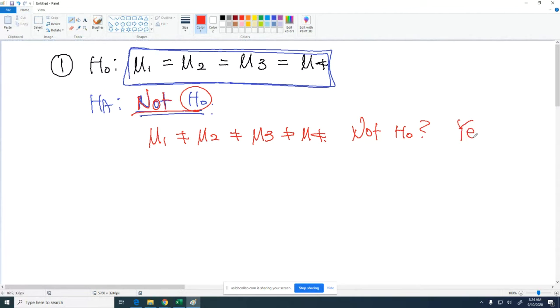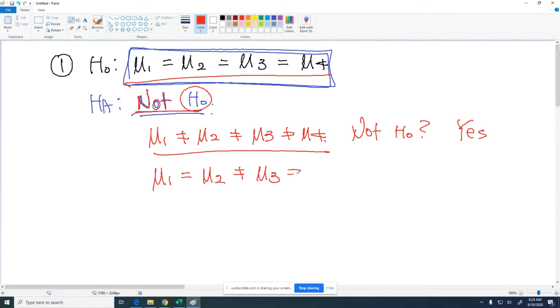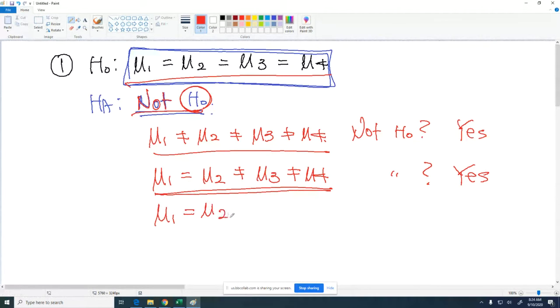Yes, absolutely, they are not the same. Is it good? How about this one? Yes, they are different. There are differences between H0 and the statement. And also this one.